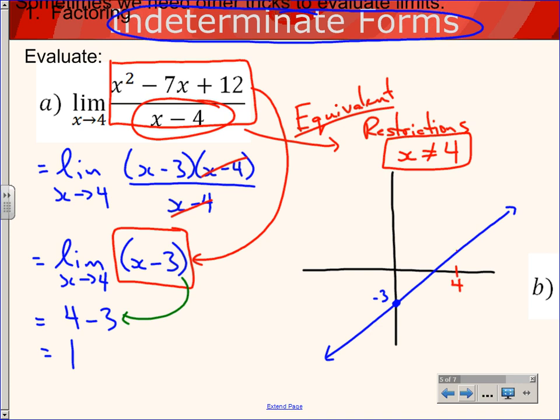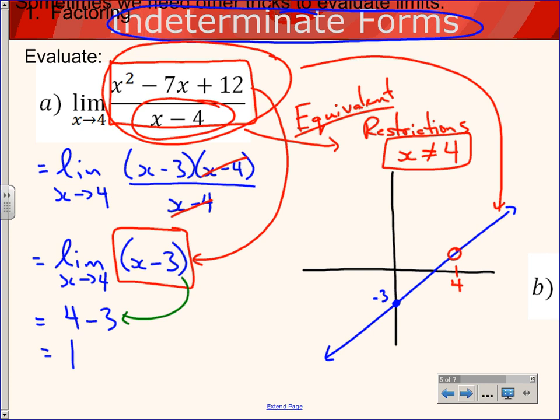And so right there, we've actually got a hole, okay? So right at x equals 4, nothing exists. So this expression up top, that function, is that line with a hole in it. And I think you guys did a fair bit of stuff with advanced functions with that too, looking at holes and asymptotes and that sort of thing.